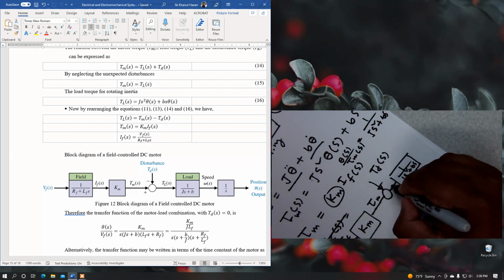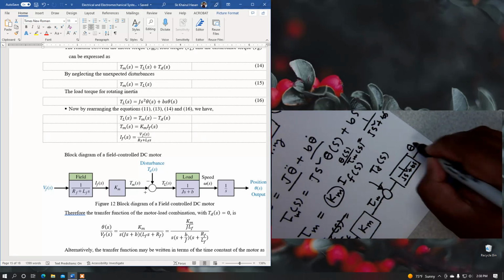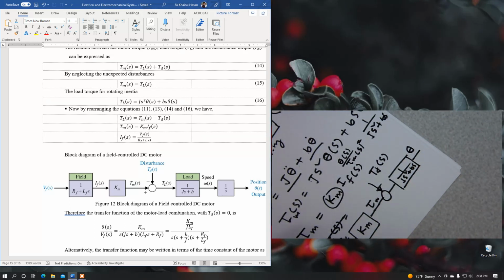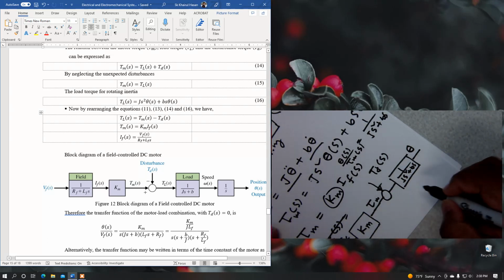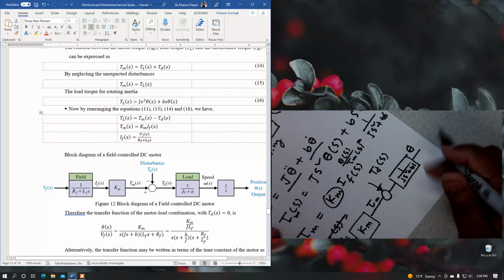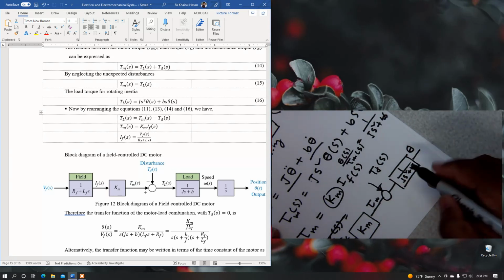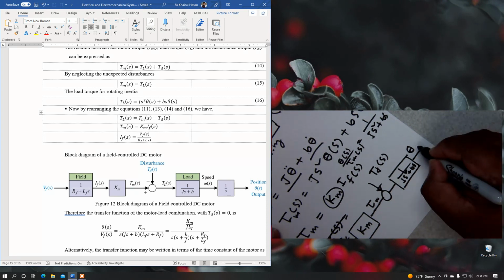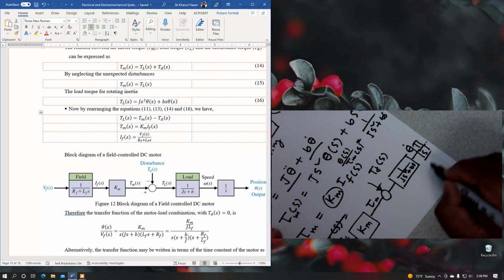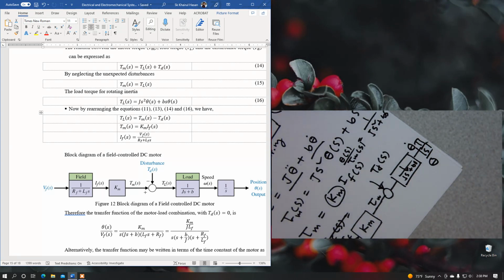Input is tau m, output is theta. But on the lecture note you will see we use one more step: 1 over s, so we bring it outside. So basically Js plus b gives theta dot here and 1 over s gives the position. That's how the motor circuit works.